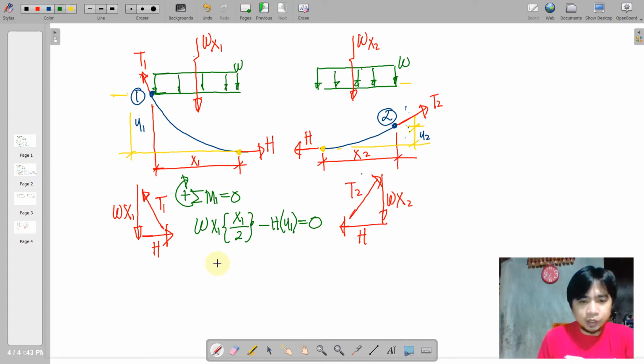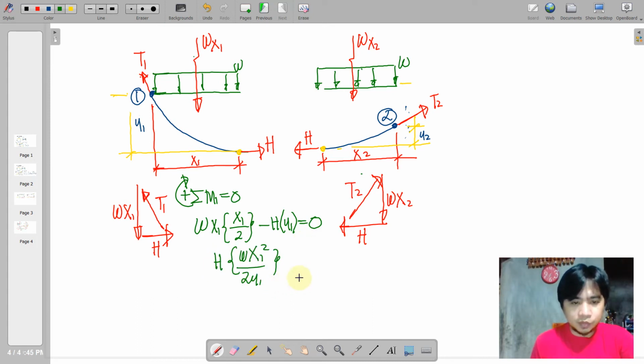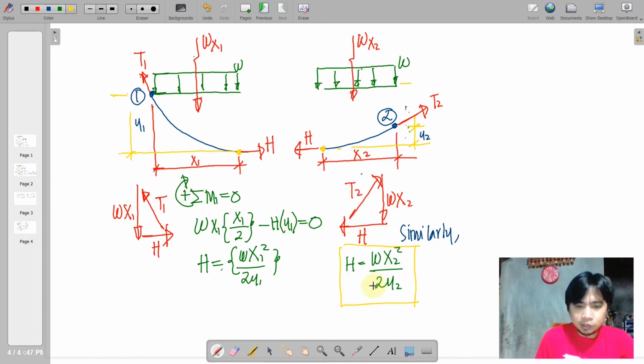So solving for H, we have Wx1 squared all over 2 y1, and this is actually equal to H. If we do the same on the other side, we have this expression. So we have already derived the value of H through taking moments at their support.